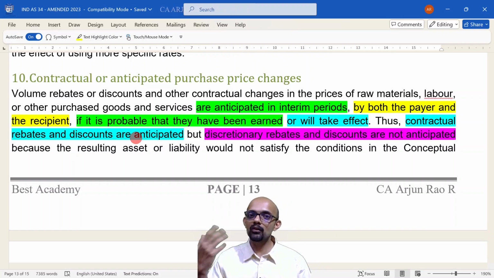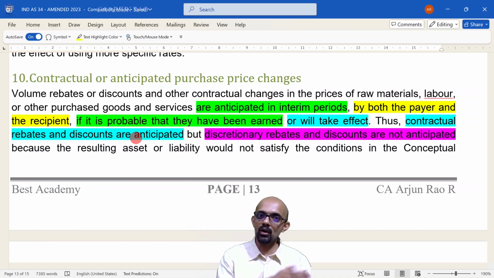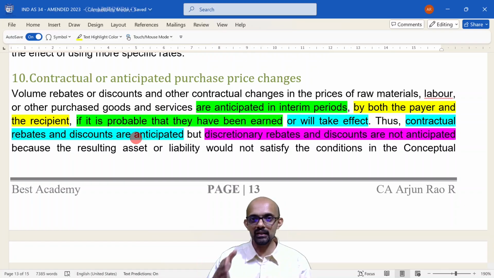For example, you buy in bulk, so whenever you reach that bulk value, they will give you a discount not only for future purchases but also for whatever you have made till date in the current year, and then send you a credit note for that. So it can be anticipated, because again interim is not a substitute. Interim is just meant to give an update. It's supplementary to the annual.